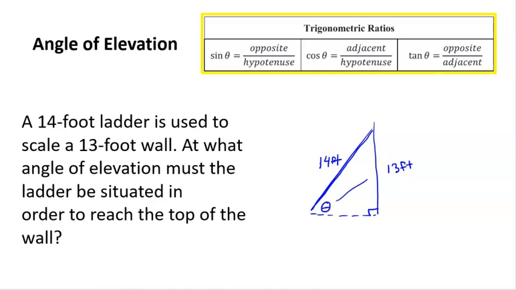So now opposite and our hypotenuse. So we've got sine theta equals opposite over hypotenuse. And then remember with these, we use our inverse sine to get rid of the sine. So now we've got theta equals inverse sine 13 over 14.